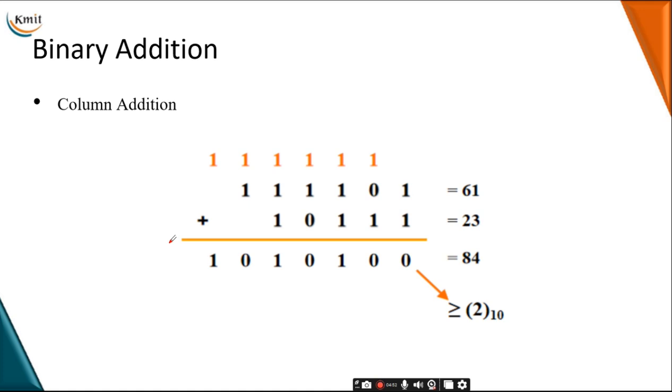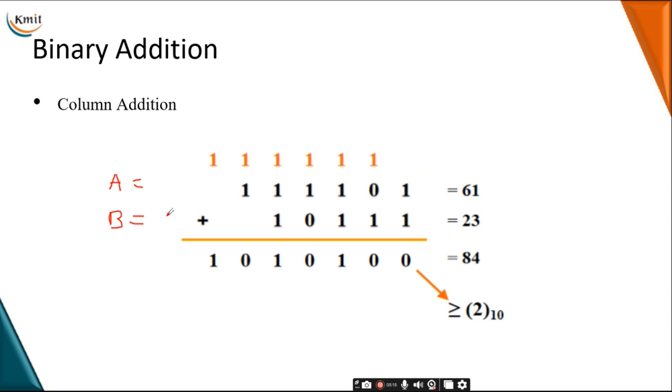Here we have taken binary addition with a simple example, where A is a 6-bit number and B is a 5-bit number. Now let me proceed with the addition column-wise.